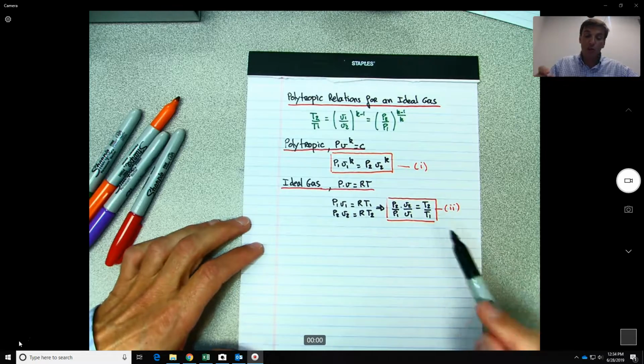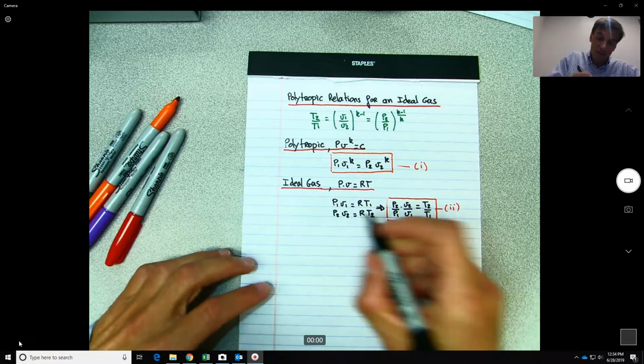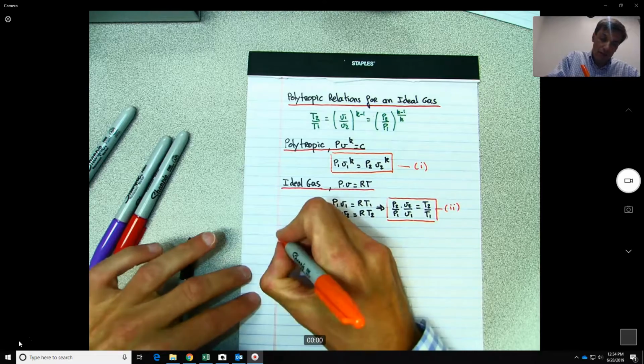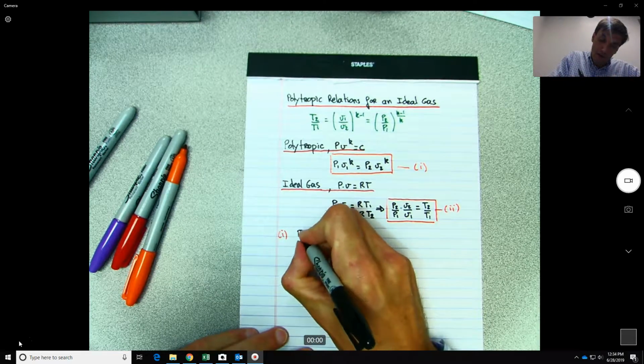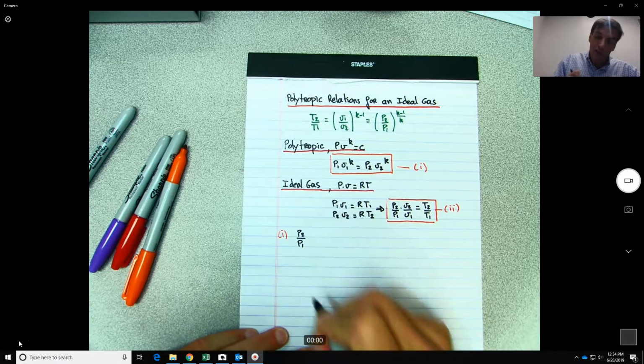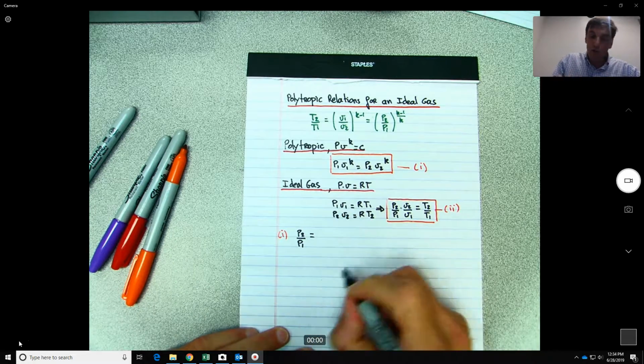So then what we can do is that from equation 1, we can write down P2 over P1 will be equal to what?